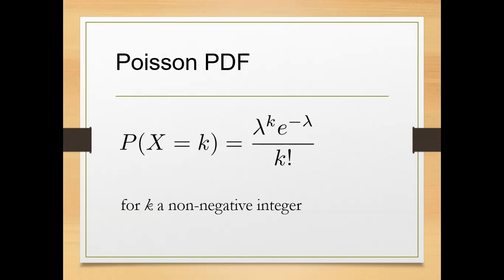And in theory, there's really no limit to the number of observations that might happen in my interval of interest. But the probability that x is equal to k is given by this formula: lambda to the k, e to the minus lambda, over k factorial. I'm not going to explain that. It has to do with some calculus limits, but there it is. The probability that x is k is given by that.